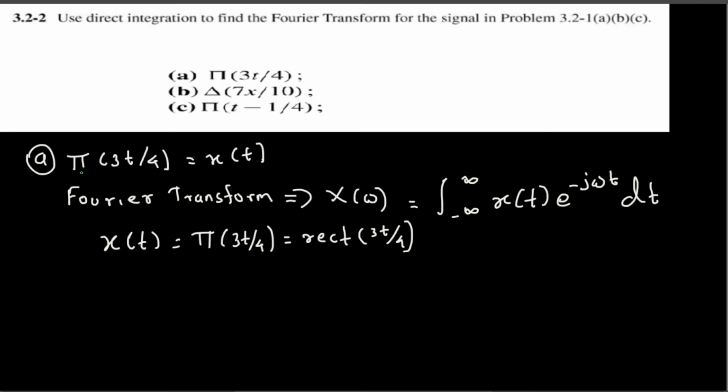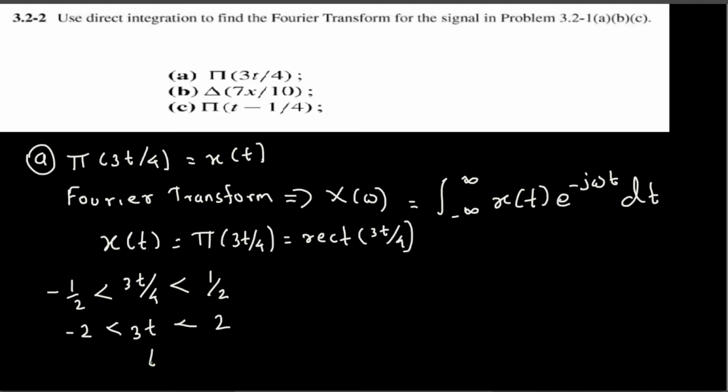Usually for a rectangular function we take the interval from negative half to half. So let's say 3t/4 is between negative half and half. Bringing the 4 over and multiplying both sides, 3t is between negative 4 divided by 2, that's negative 2, and positive 4 divided by 2, that is 2.